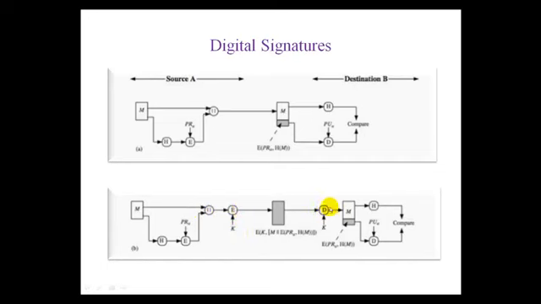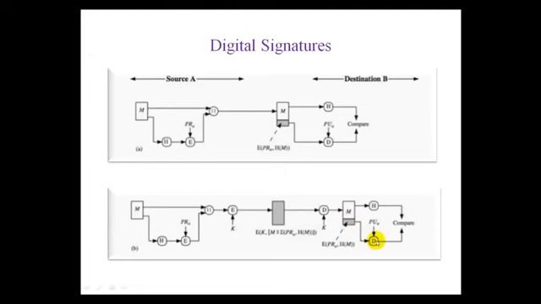At the receiver side, the receiver decrypts whatever data is received with the same key K using the private key encryption technique. Then the message block and the encrypted version of the hash block are separated, and the message is used to generate a hash value as we did here. And the encrypted version of the hash is decrypted using public key cryptography.